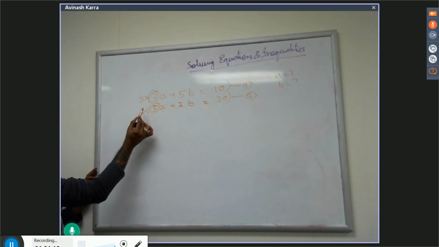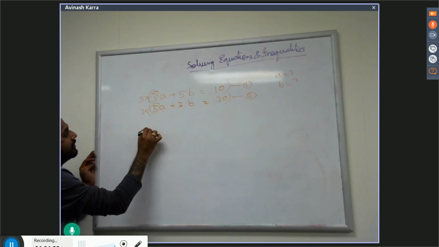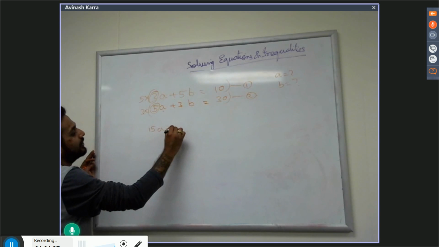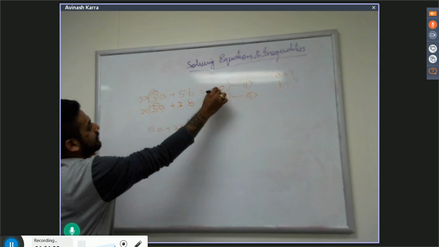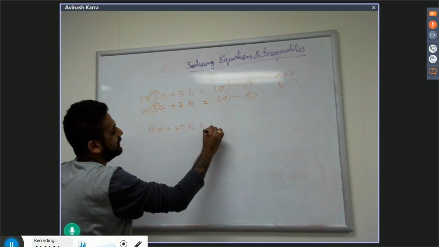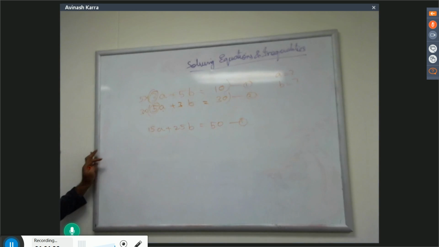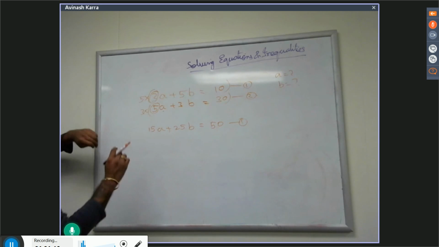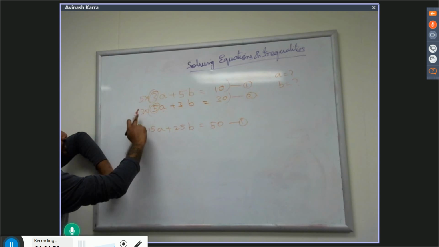So when I multiply equation 1 with 5, what am I getting? 5 into 3, 15a plus 5 into 5, 25b, 5 into 10, 50. Right? Is it clear till here? Okay. Now in equation 2, I'm multiplying it with 3.